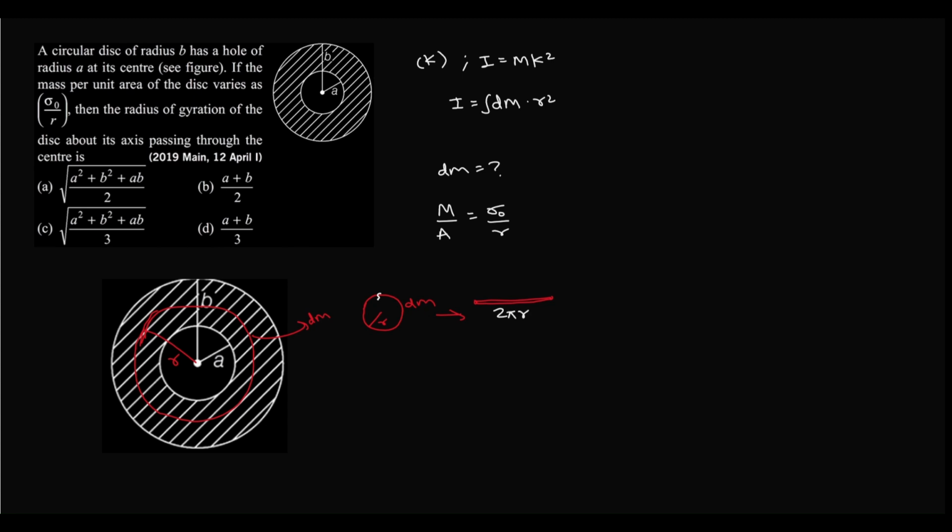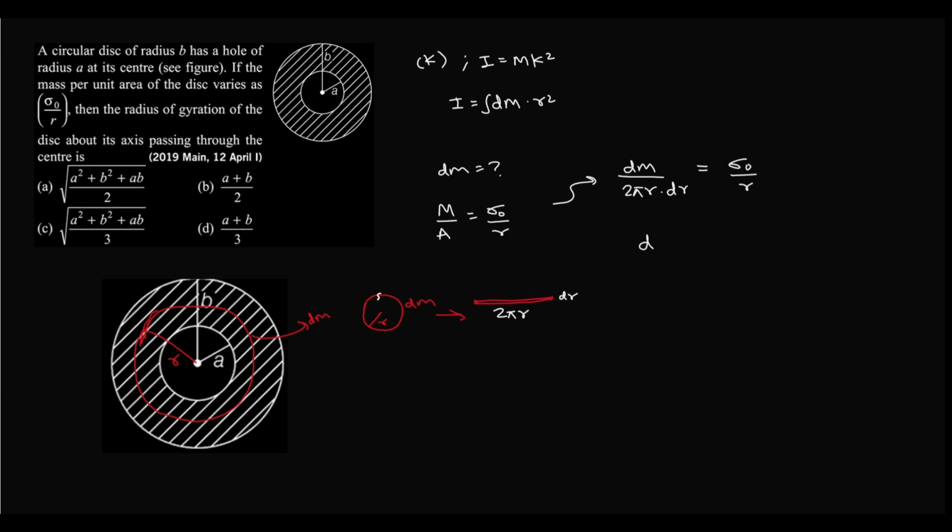The length is 2 pi r, and the thickness is dr. So the area of this ring, or this line, would be length into breadth, which is 2 pi r into dr. So we can write that mass is dm and the area is 2 pi r dr, which is equal to sigma naught by r, our density.